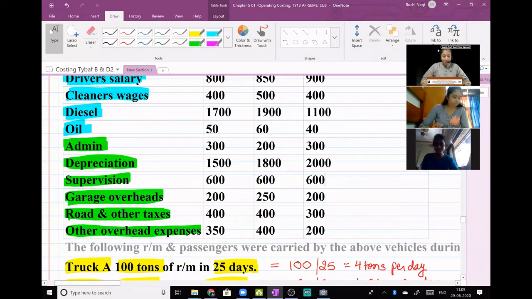I am not considering it as a variable cost because unless kilometers are run, it is not used. I don't consider a cost to be variable in CAS 5. So I am assuming other overhead expenses to be a fixed cost, like any other miscellaneous or incidental expenditure.